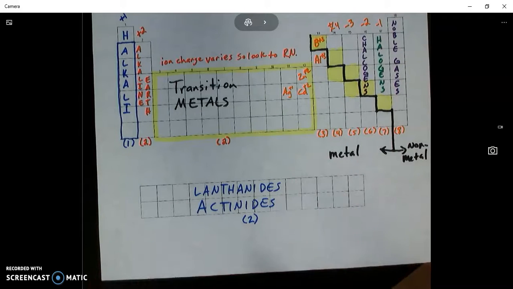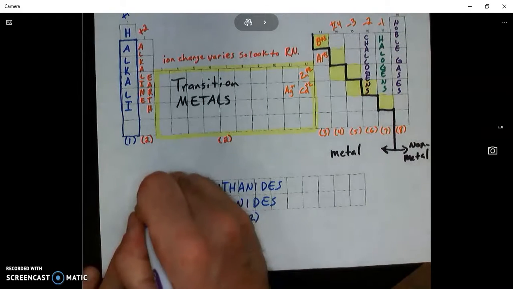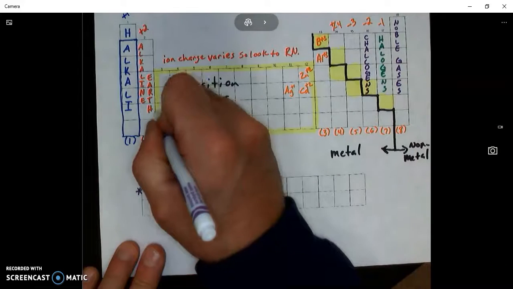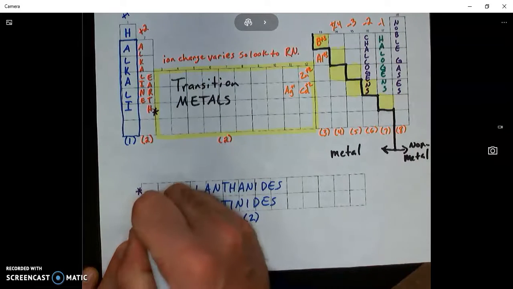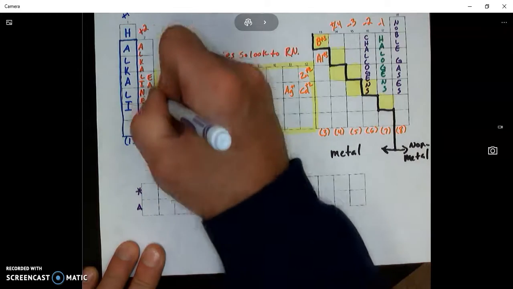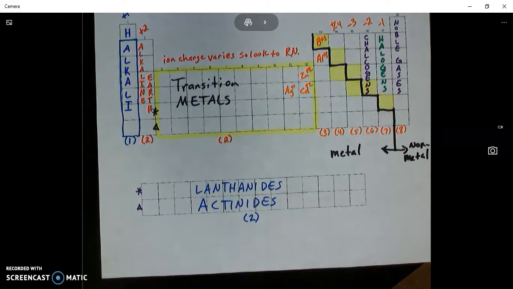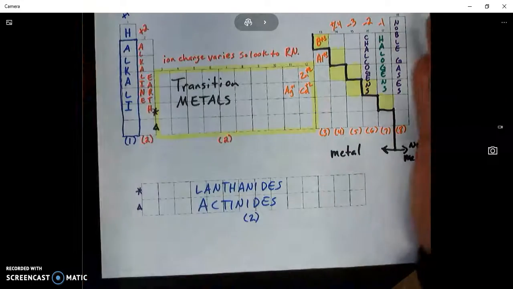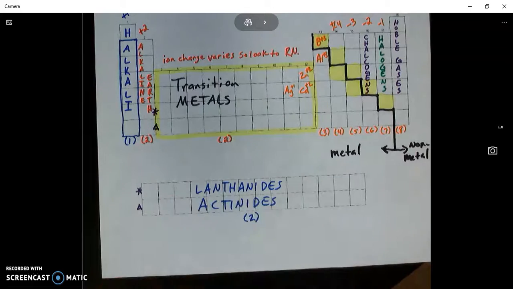And these guys actually fit. If we would mark where they go on the table, they go right here and right here. They fit in between those 2 columns. We break the table open, and these guys slide up in there. Okay, and you should be able to make sense of that with the way that the atomic numbers work out.